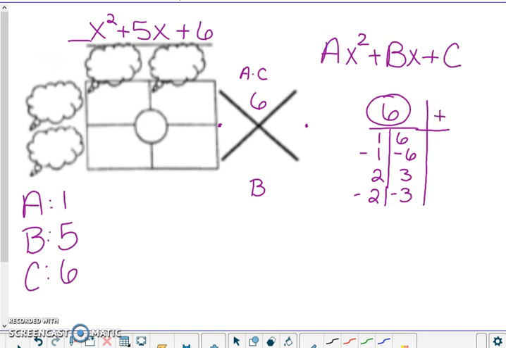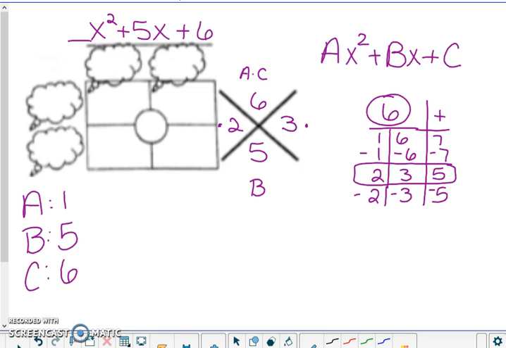So 1 plus 6 is 7, negative 1 plus negative 6 is negative 7, 2 plus 3 is 5, and negative 2 plus negative 3 is negative 5. And we're looking for the pair that gives us the 5. In this case, it's going to be 2 and 3. I'm sorry, I forgot to put that there. So 2 and 3.